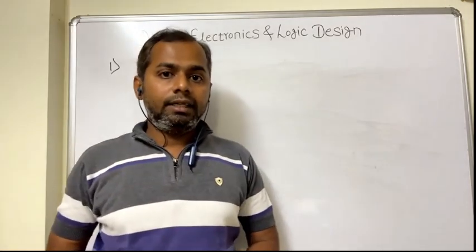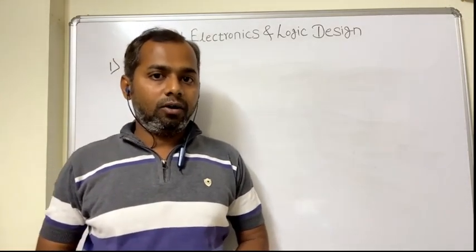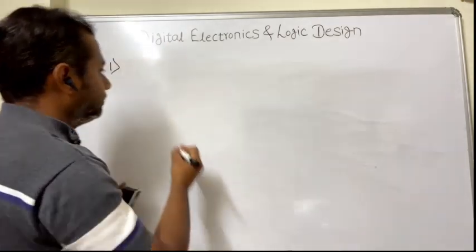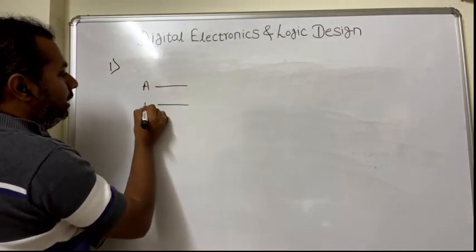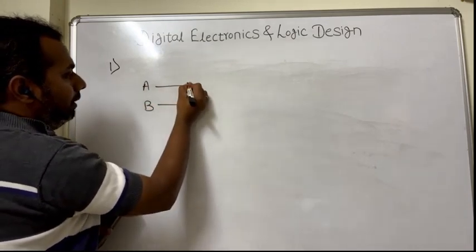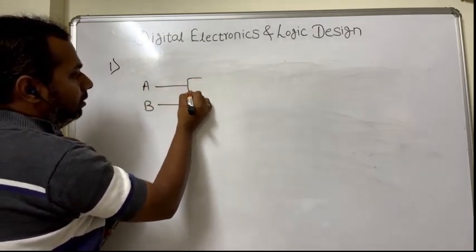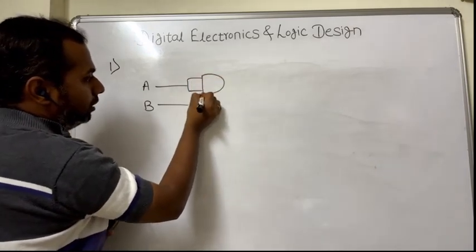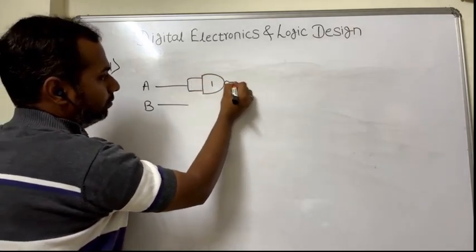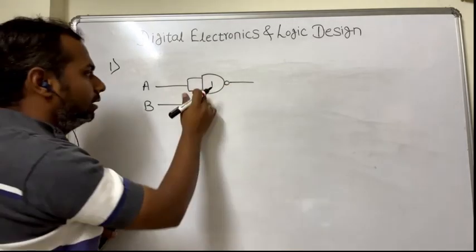Next, realization of basic OR gate using NAND gate. Again, let me take two variables A, B. I am applying the same input to the first NAND gate. This is NAND gate number 1.